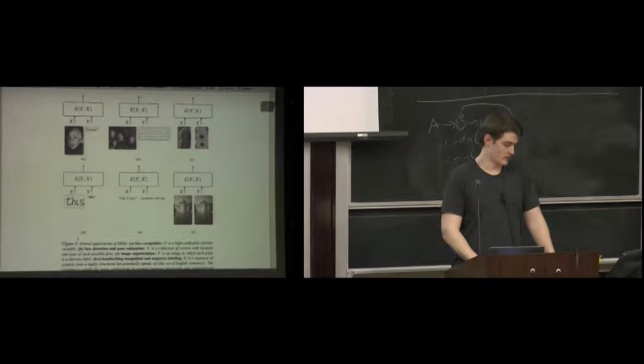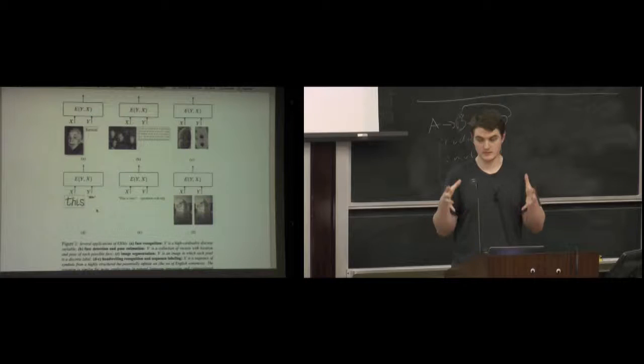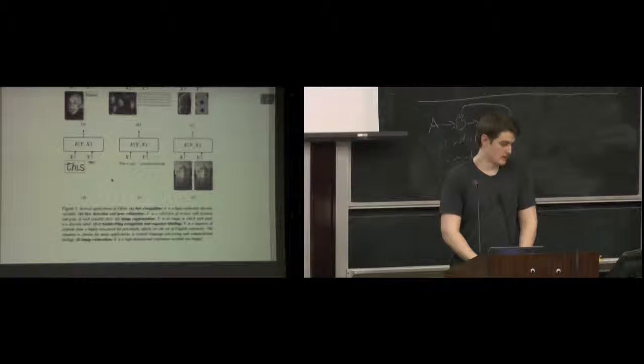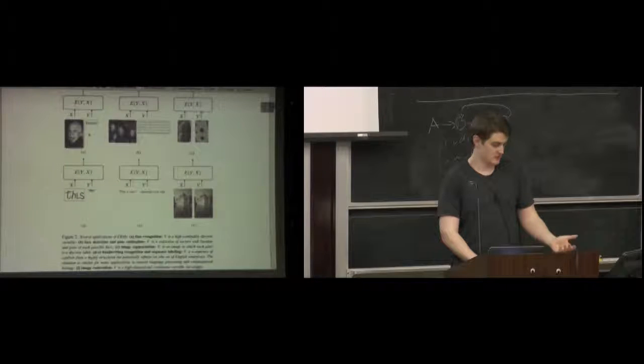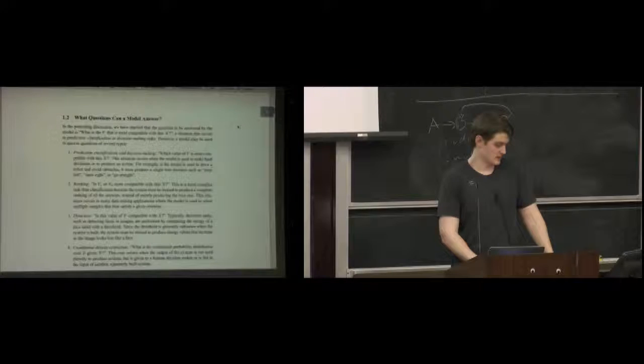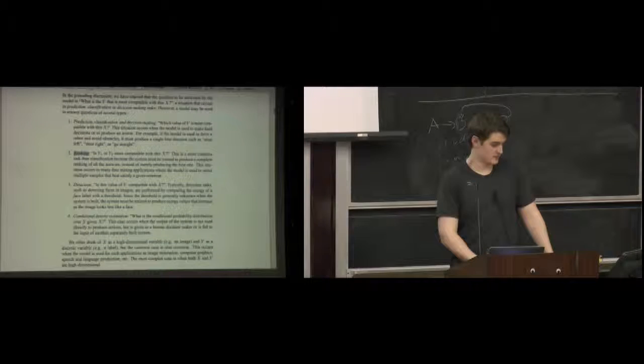Or you can think about the image of handwriting and the actual text: the correct label, the one with the lower energy, should be the corresponding text. Or face recognition, or this labeling stuff here. And you can express different things within this framework: prediction, classification, ranking, detection, and so on.